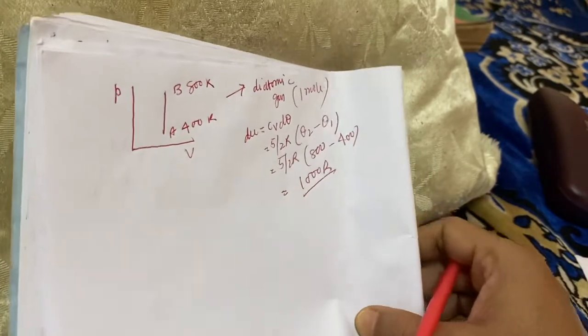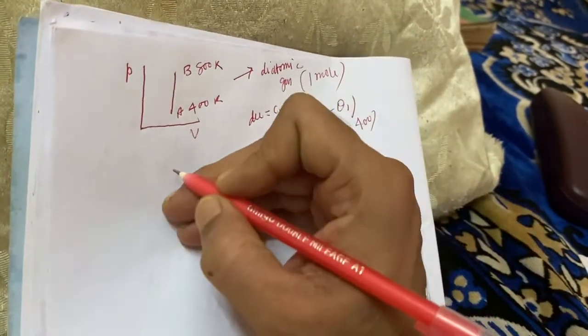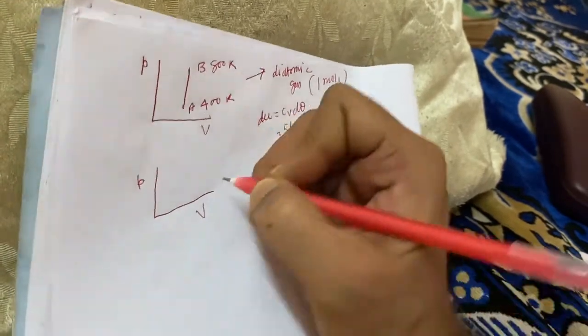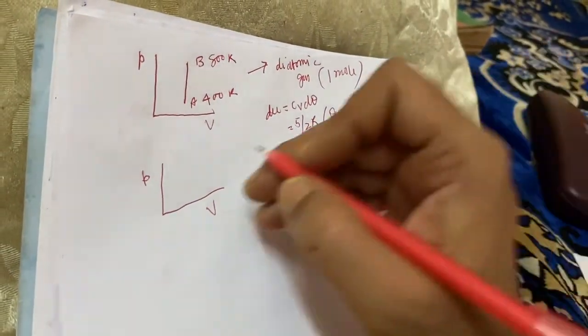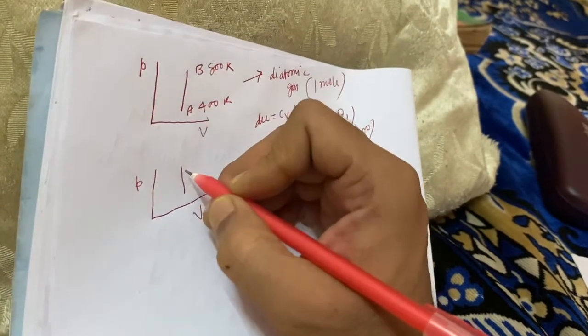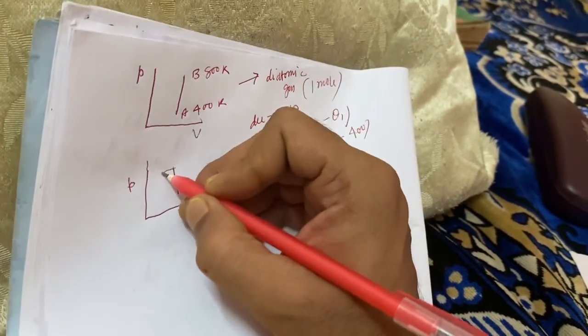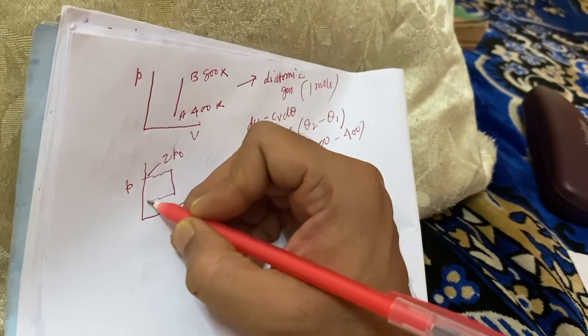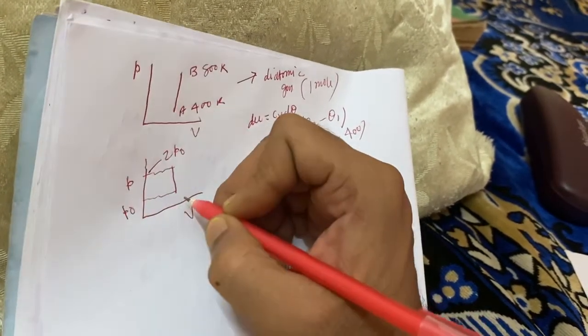Now, suppose the PV graph is like this, the same, and it is given twice P0 and it is P0.